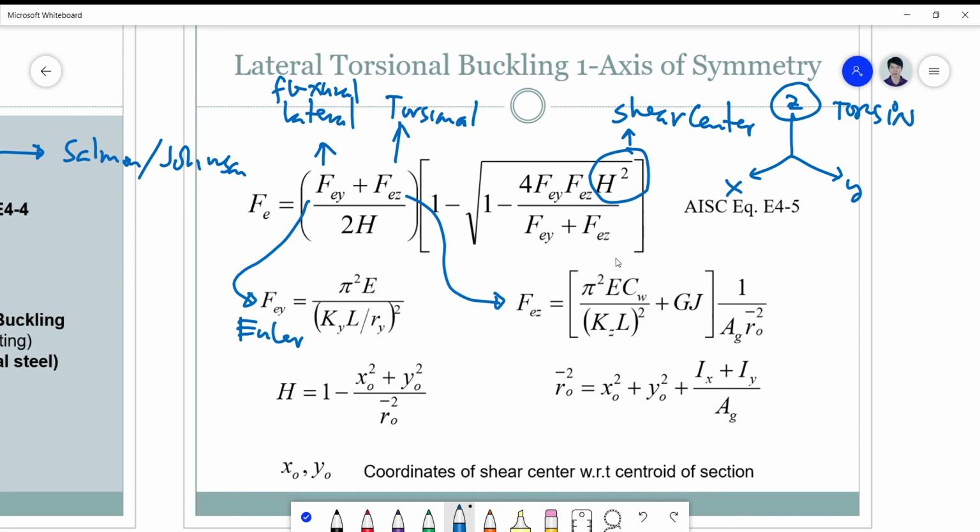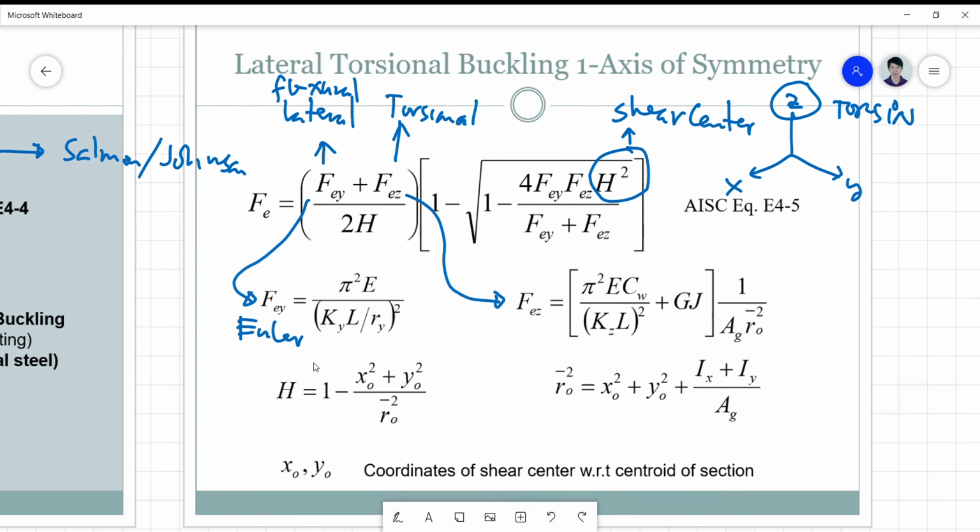Okay, so you just make use of all this reference formula and place it on this rather complicated equation based on the AISC equation E4-5. You can now solve problems on lateral torsional buckling behavior.